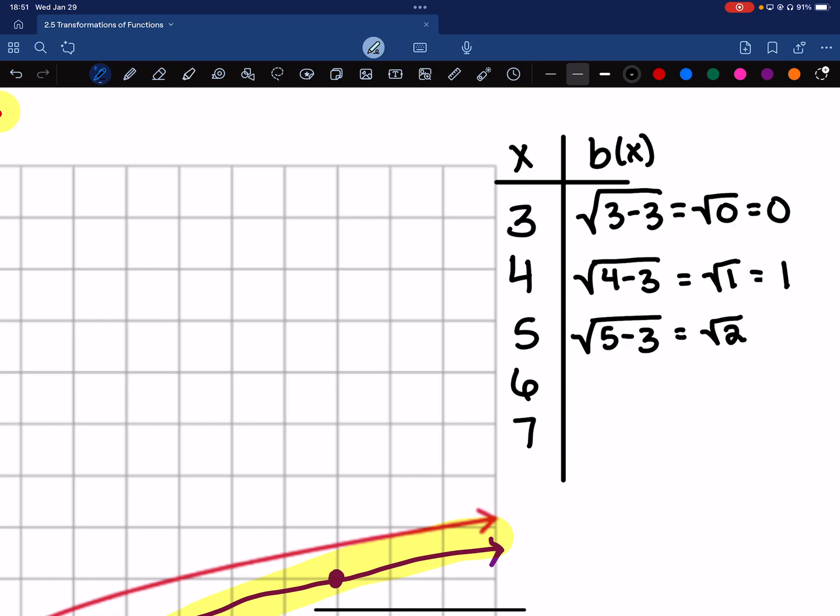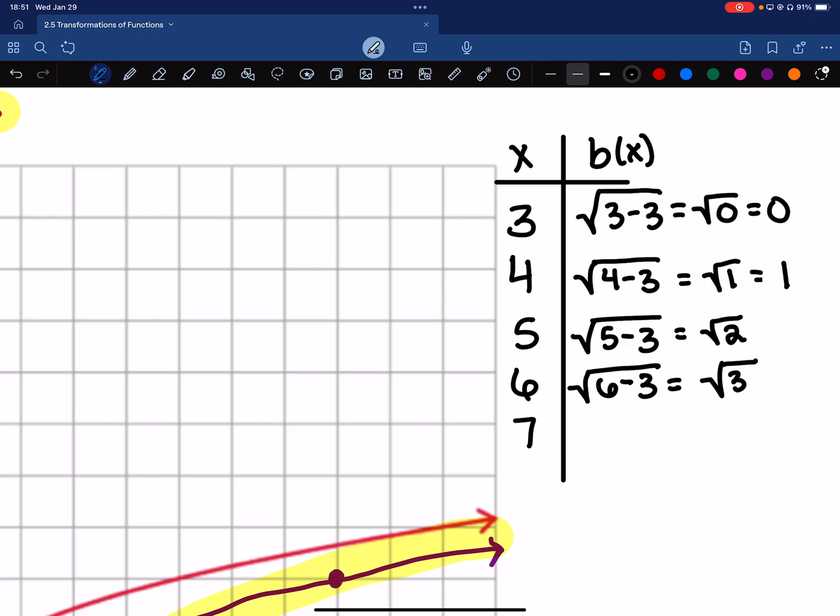If we plug in 6, we would get 6 minus 3, which is equal to the square root of 3. That's also not a pretty number. That's like 1.7. St. Patrick's Day, 3, and then the 1.7. I wouldn't graph those. I wouldn't stress about those values.